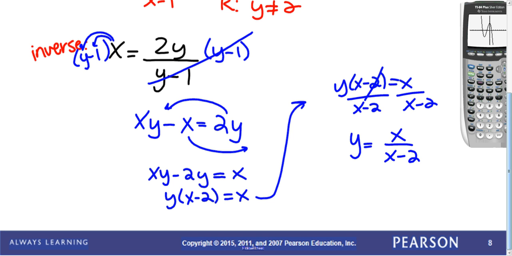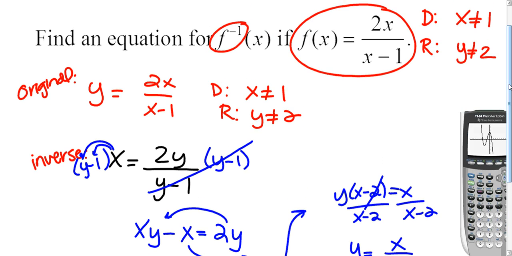Now, instead of writing y right there, you need to put it in proper notation. So you're going to do the inverse of x is x over x minus 2. And now, here's the tricky part. Way up here, when we started doing the inverse, we switched the x and the y. Well, remember that your domain is your x's and your range is your y's. So when you do your inverse, you have to switch your domain and your range also.